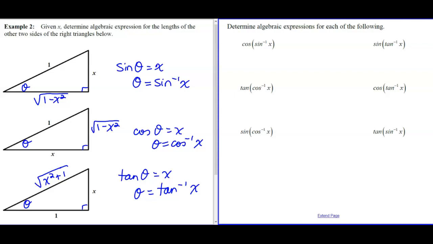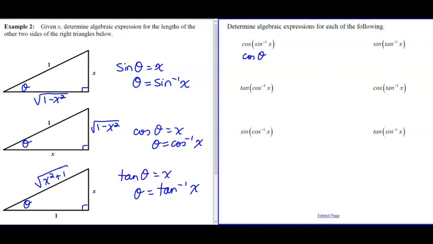So think about what's happening if I'm doing this one. You think of order of operations in here. I want to get what sine inverse of x is. Well, back here I said it was theta. Okay? So if I look at theta here, that's this value. So this is really cos of theta.